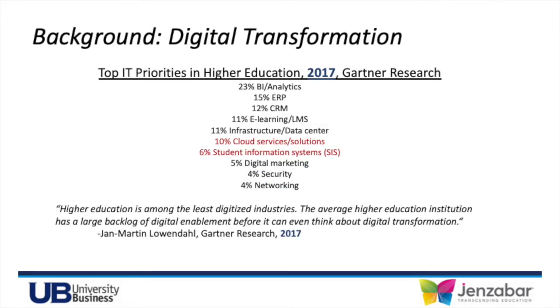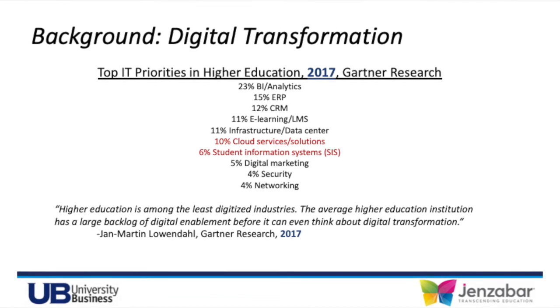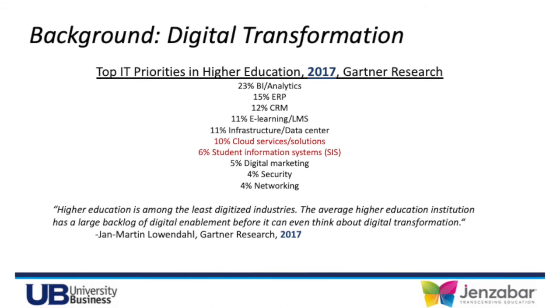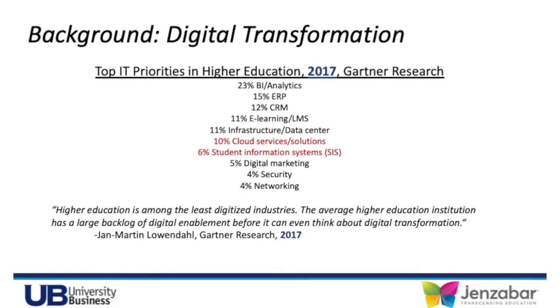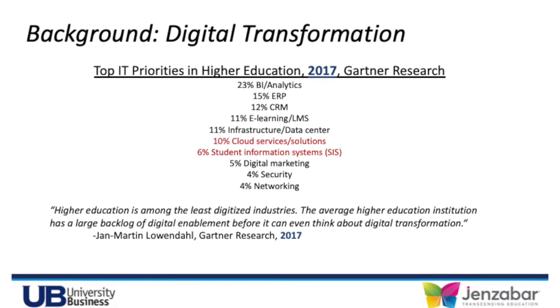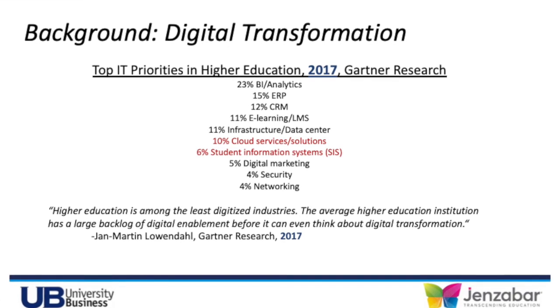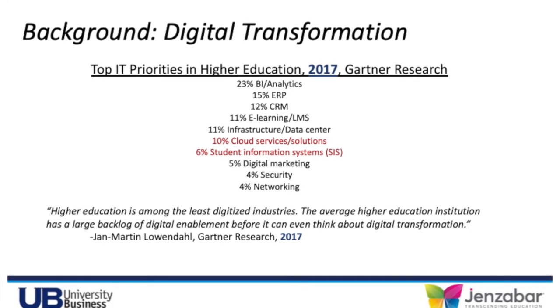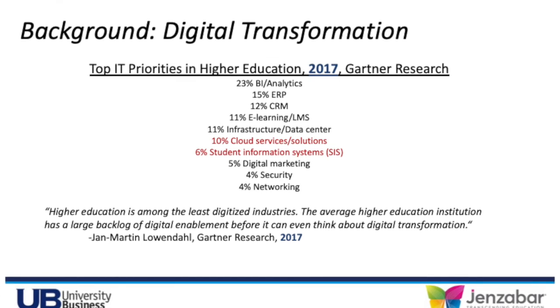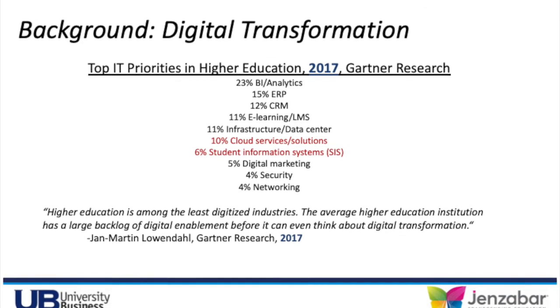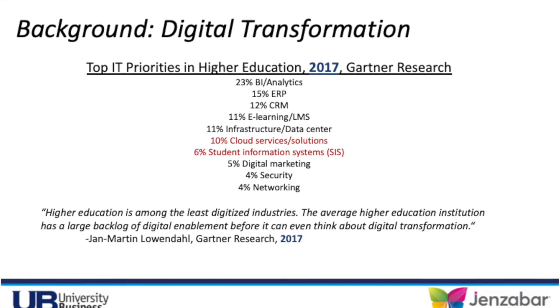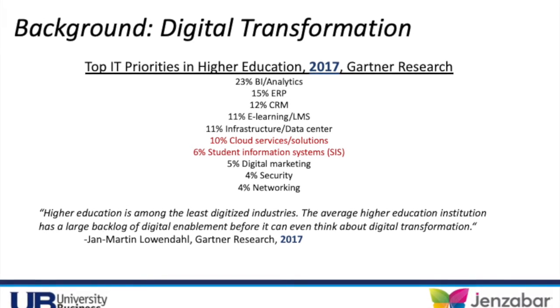And another example here, from the olden days, way back in 2017, a study from Gartner Research about the top IT priorities in higher ed at that time. You had analytics, ERP, CRM, but way down the list, cloud services and student information systems. And here's a quote from the lead analyst of that study.